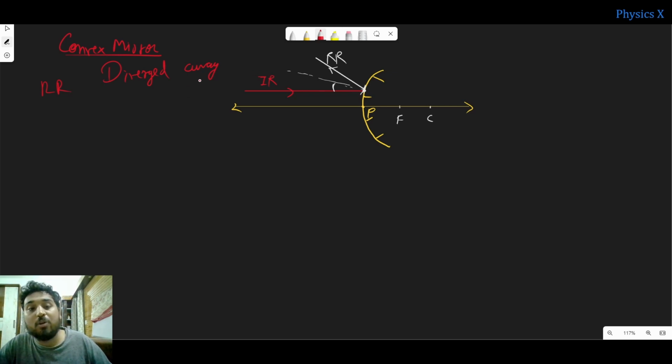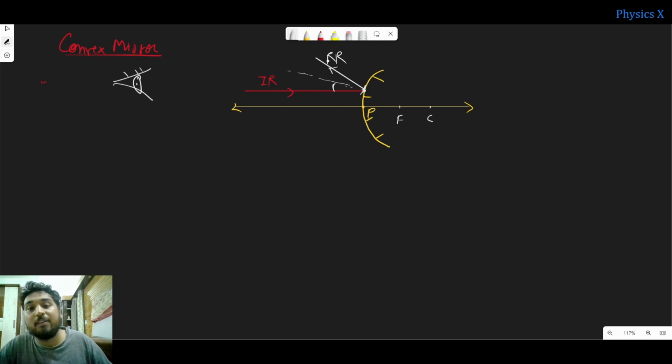Now, if you are observing from this side, obviously from the reflecting side, the observer will be there. You will always be observing on the reflecting side of the mirror. So this is your eye.